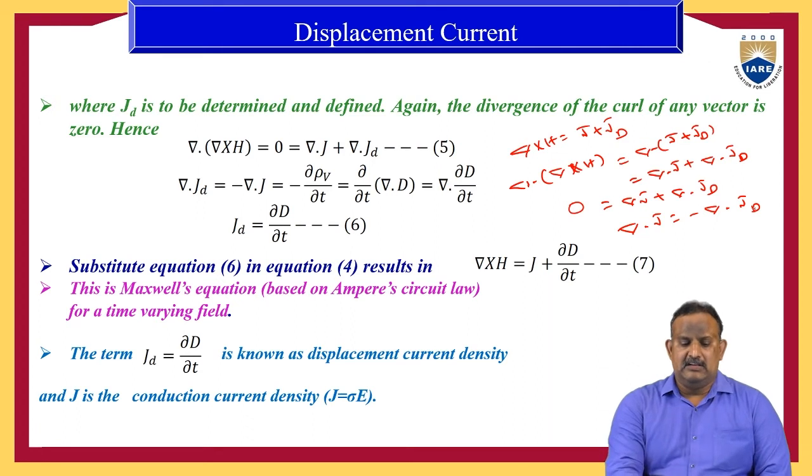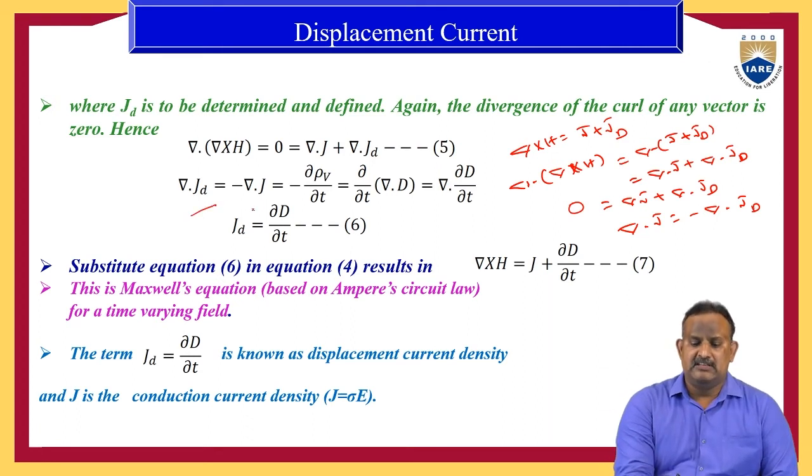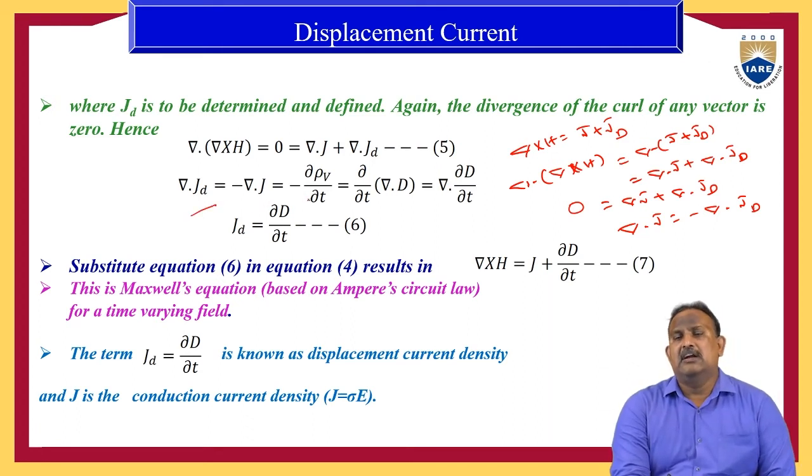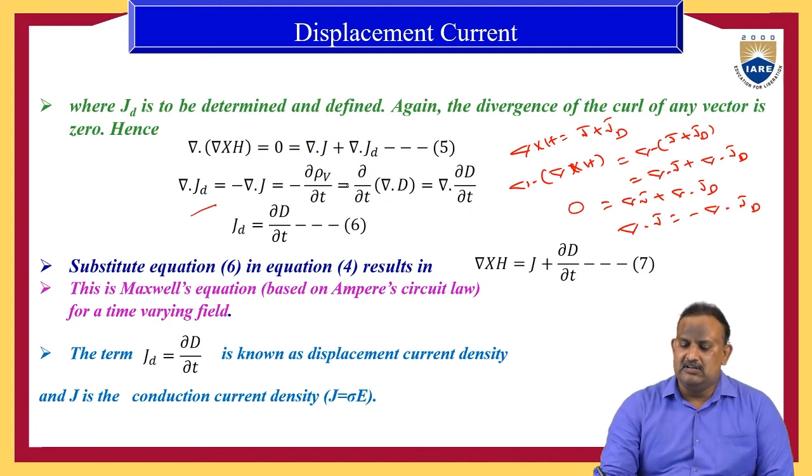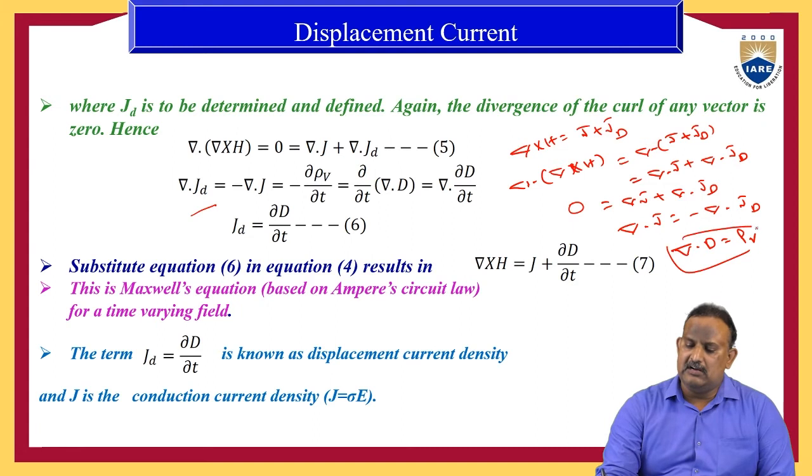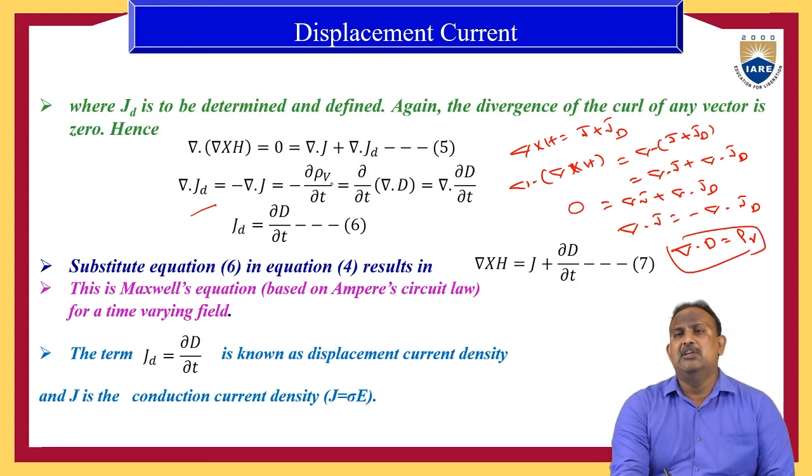So del dot JD is equal to minus del dot J, which, according to the equation of continuity, is minus of minus dou rho v by dou t, so the minus signs cancel each other. According to Maxwell's first equation, del dot D is equal to rho v, where rho v is the volume charge density.